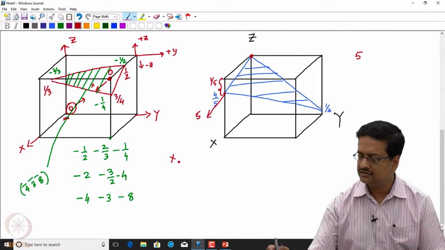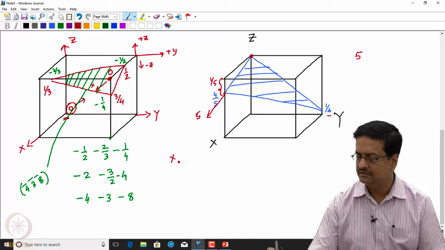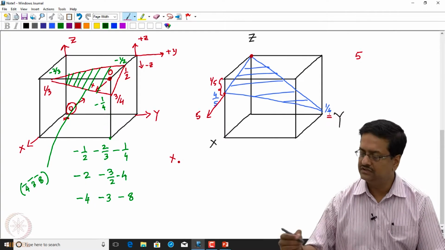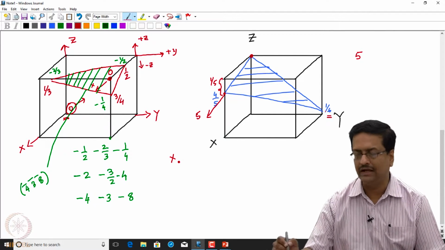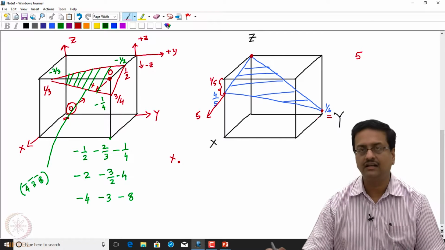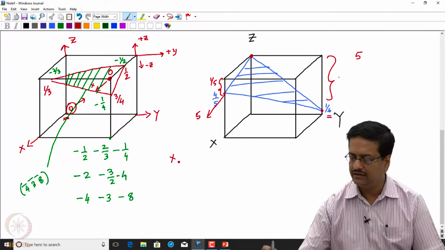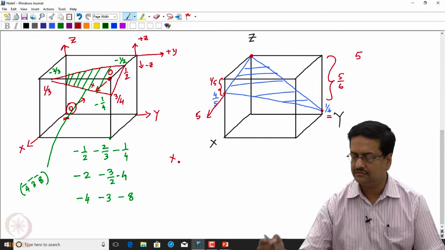Now, on the side of y, this has traveled 1 unit along y, but it has come down by 5/6 along z.